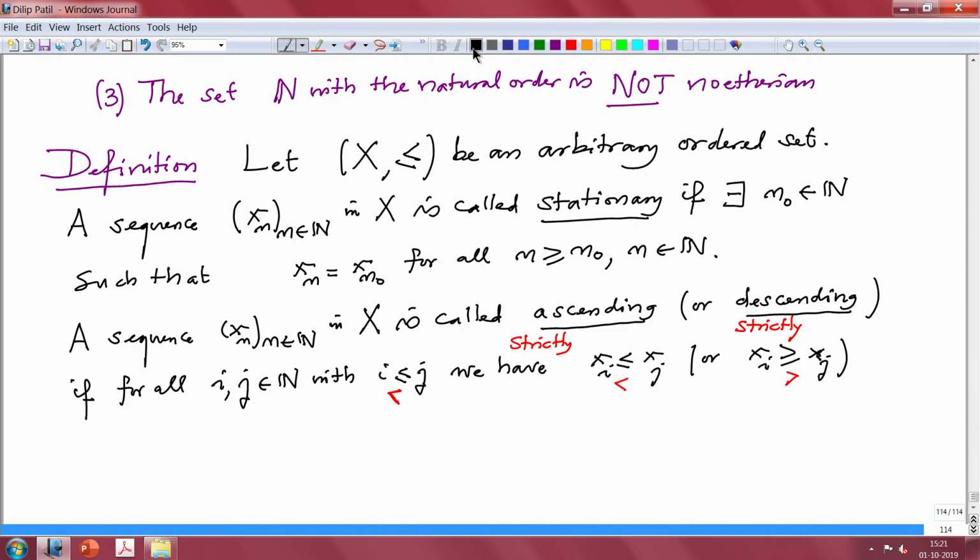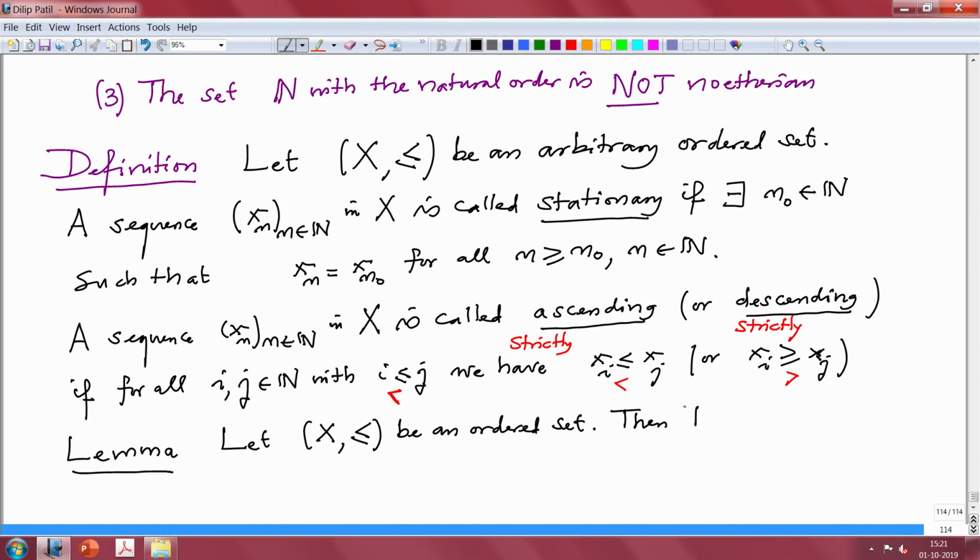Now, there is a small lemma I want to prove. This will give us a better understanding of the definition of Noetherian ordered set. Lemma: let (X, less equal) be an ordered set, then the following are equivalent.